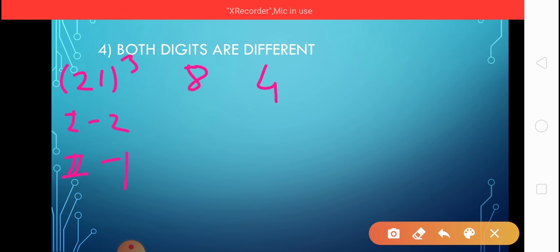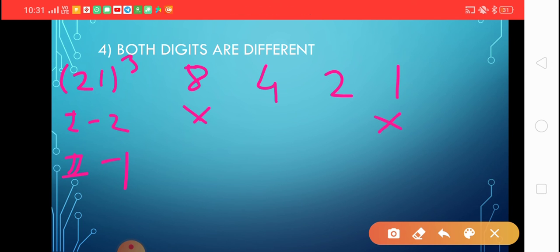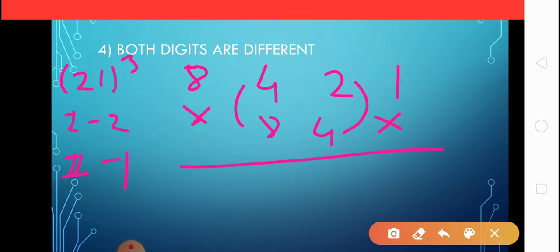Then second square into first, that is 1 square into 2, it becomes 2. Then second cube, that is 1. Then exclude the first and last position, then double it, that is 8, and it becomes 4. Then simply add it: 4 plus 8 becomes 12, and plus this carry, it becomes 9261.